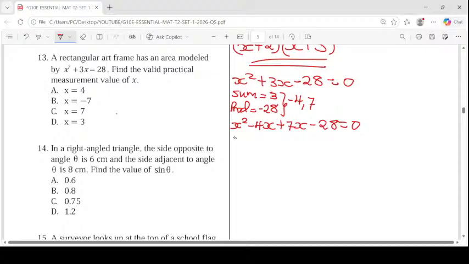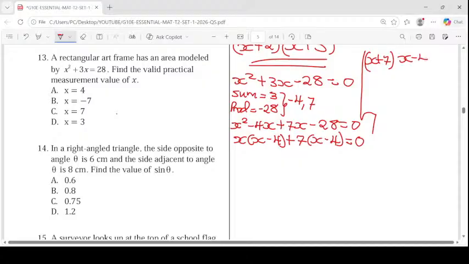So here will be x into x minus 4 plus 7 into x minus 4 is equivalent to 0. In this case, those that are outside the bracket, you put them in one bracket. So that will be x plus 7. Those that are inside the bracket, you only pick one. x minus 4 is equals to 0.